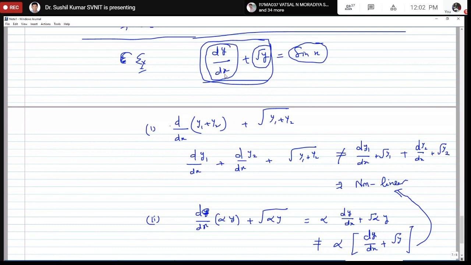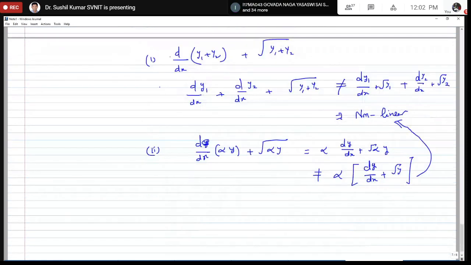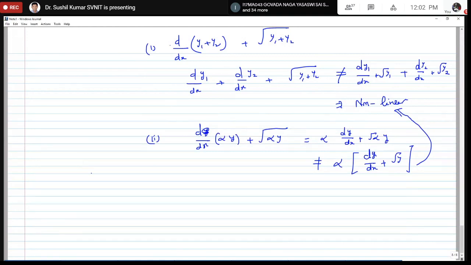Or in a more general way, you can say an equation which is linear in the unknown is a linear equation. See, why am I telling you this general way?